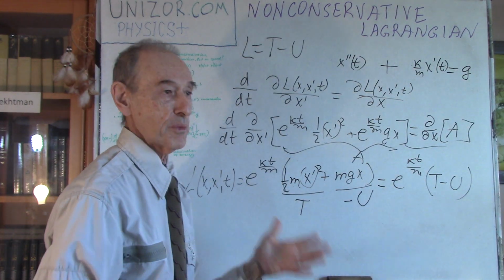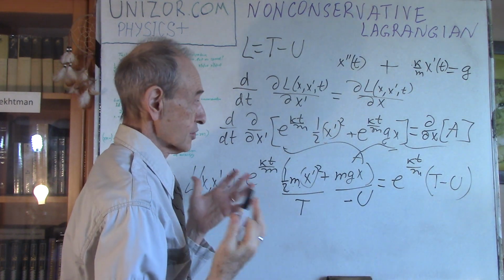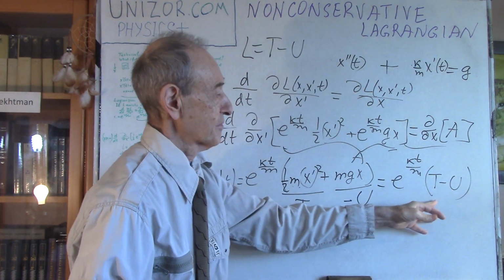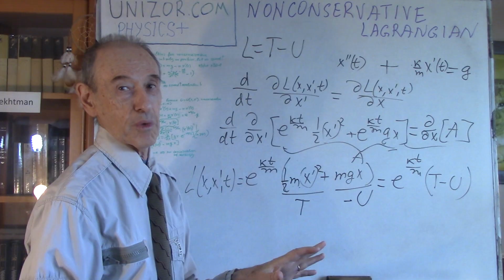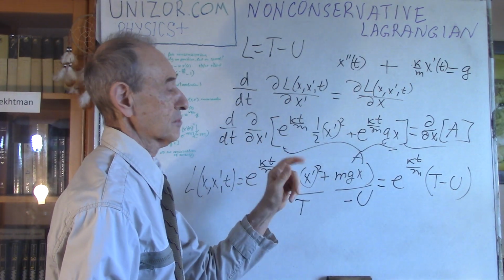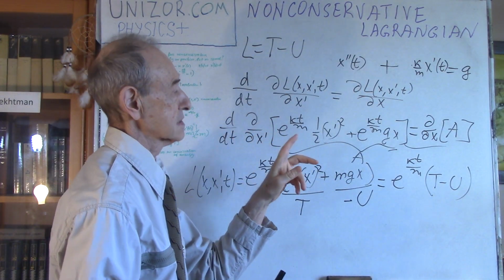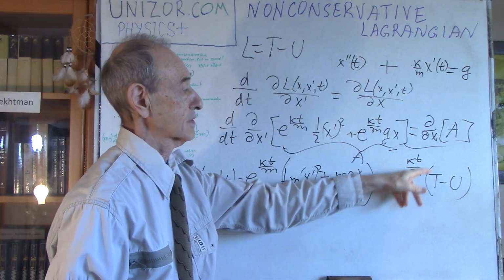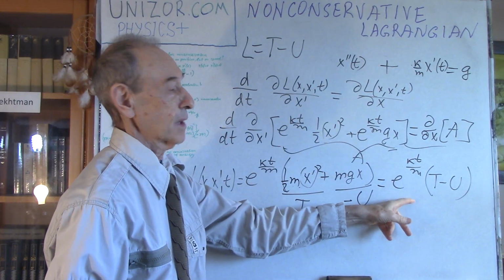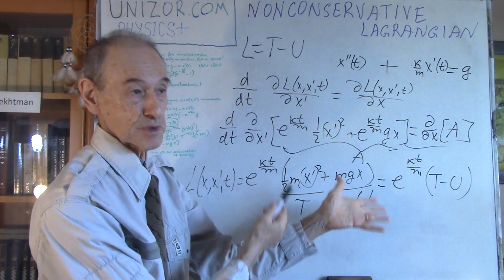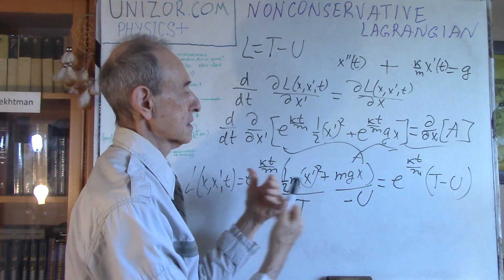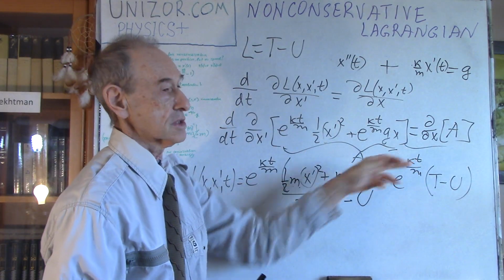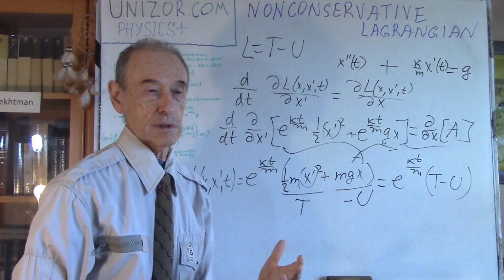We have come up with a Lagrangian which resembles the conservative system, but because this is non-conservative and time-dependent, this time dependency in this particular problem is reflected in this multiplier, which is explicitly dependent on time.